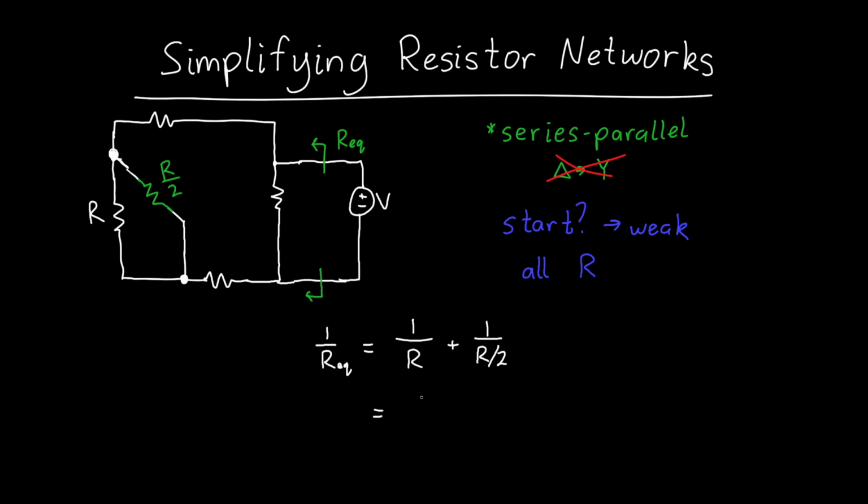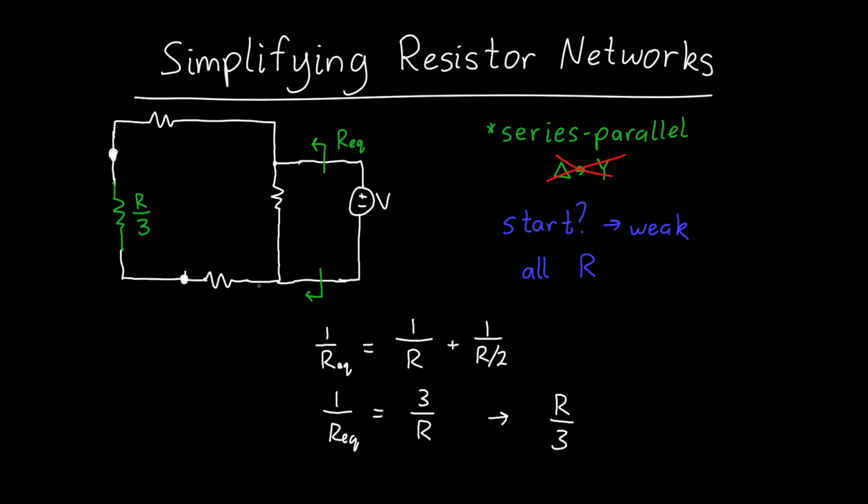This is equal to 3 over R. And so my new resistance for the parallel combination of these two resistors is just R over 3. And so I'm going to erase this one and replace this one with a value of R over 3. And now this network is starting to look a little simpler.